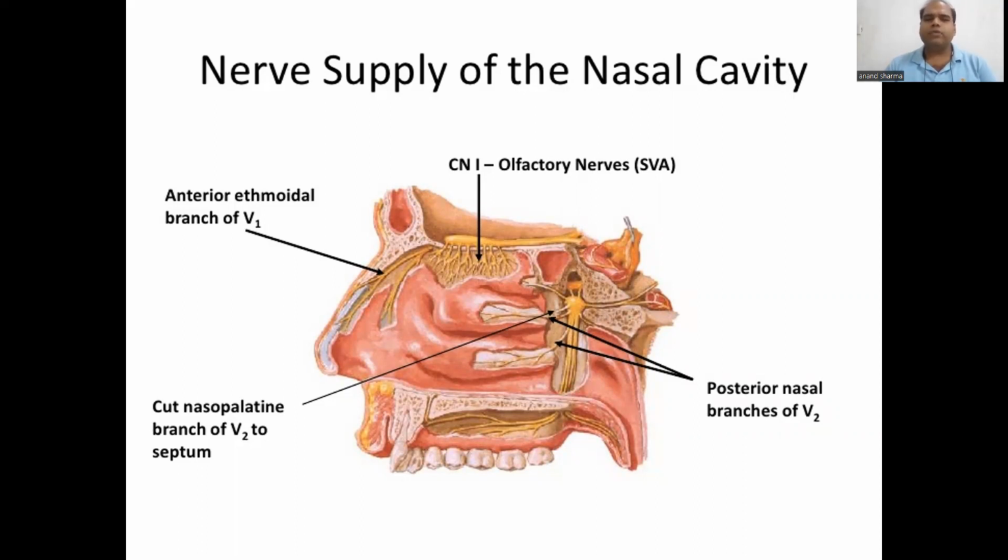Similarly, the nasopalatine branch of V2, that is from the maxillary branch of the trigeminal. Some part is supplied by the posterior nasal branch of V2, and also the olfactory epithelium is supplied by the olfactory cranial nerve, which pierces the nasal mucosa by the cribriform plate of the ethmoid.